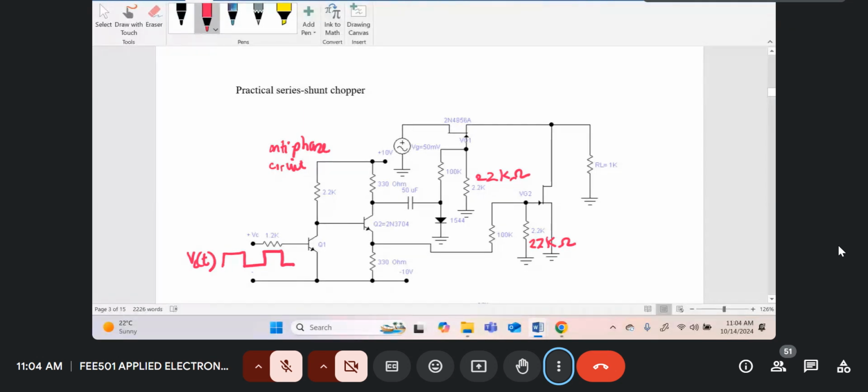So let's assume that you've designed it correctly. The only thing in the design, you have to make sure that this transistor Q1 is driven to saturation. So what is the maximum saturation current of Q1 when this transistor is completely on?